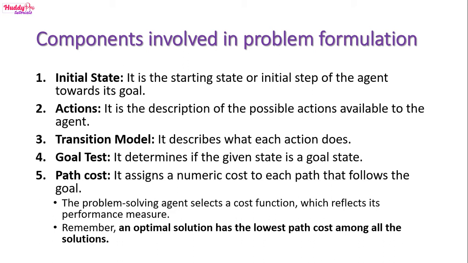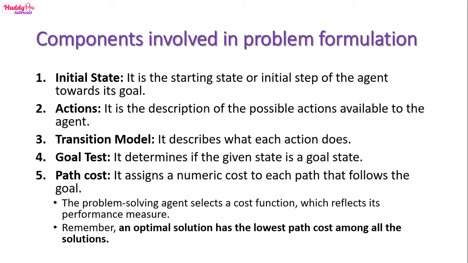Then the transition model describes what each action does. So the actions are all the possible actions available, but the transition model tries to explain what happens in each action. And the goal test is what determines if the given state is a goal state.